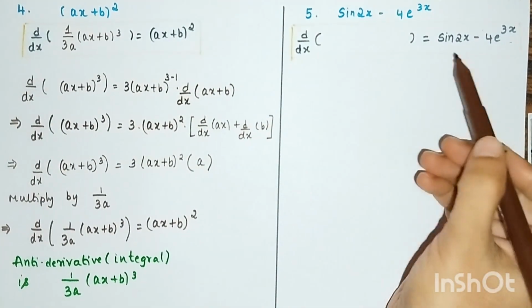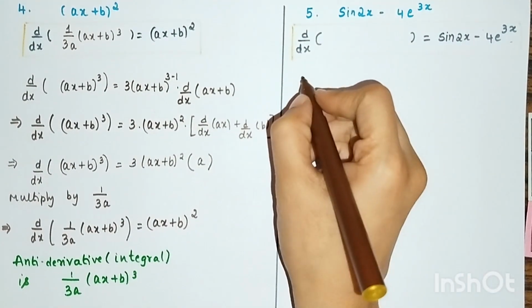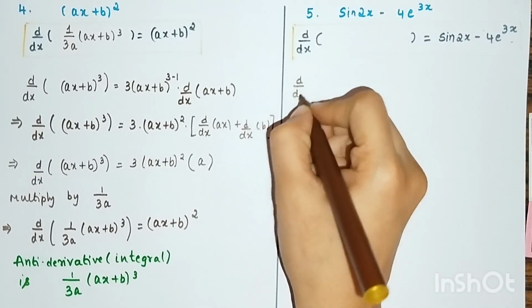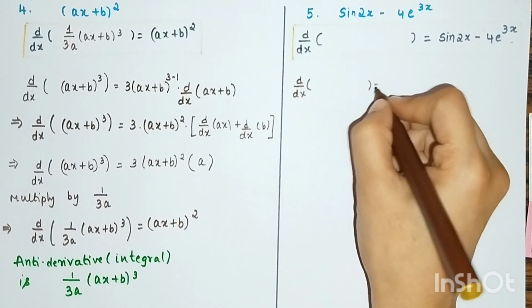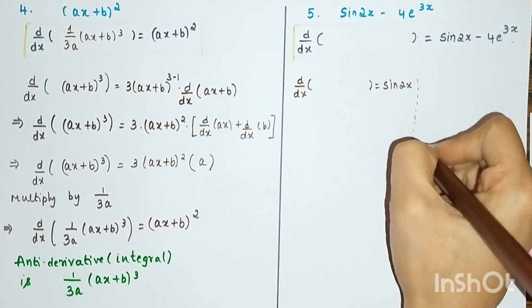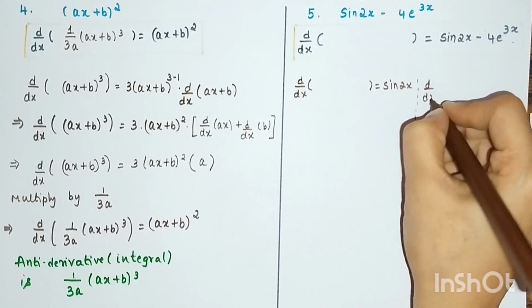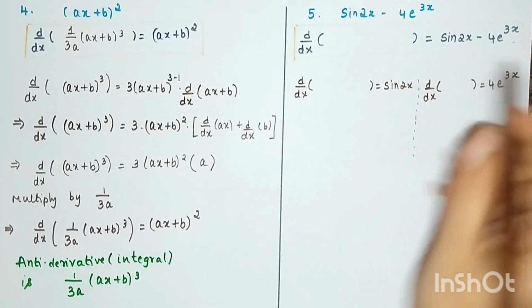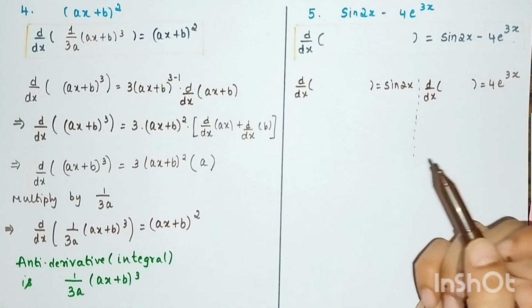First we will solve for sin 2x. First we will find the antiderivative of sin 2x, then the antiderivative of 4 into e to the power 3x. Then we will subtract because there is a minus sign here.